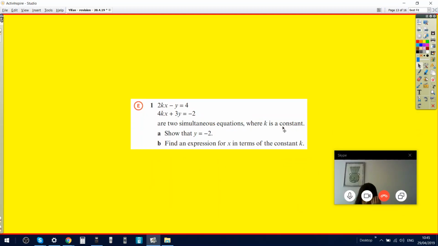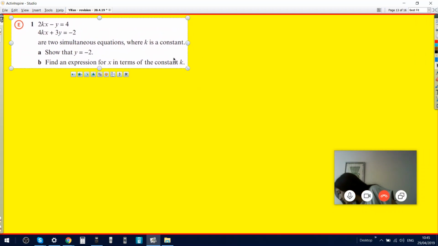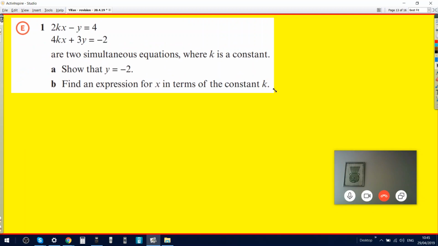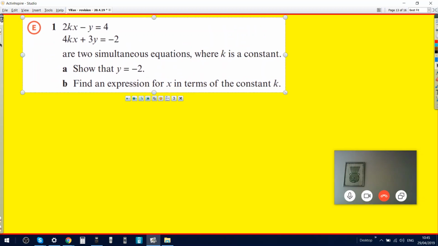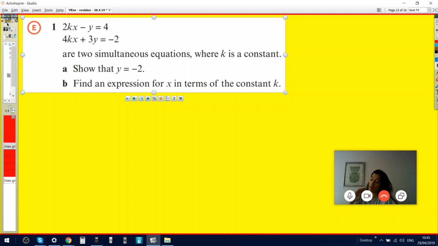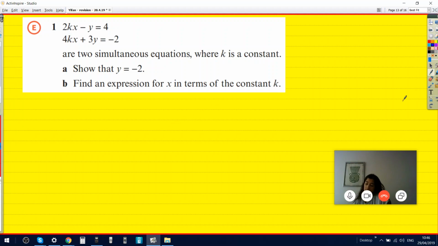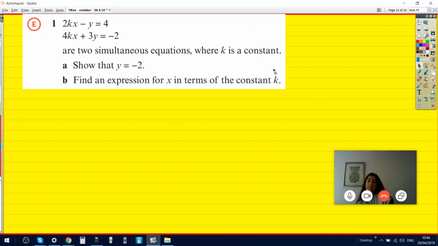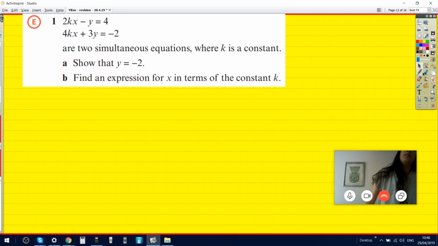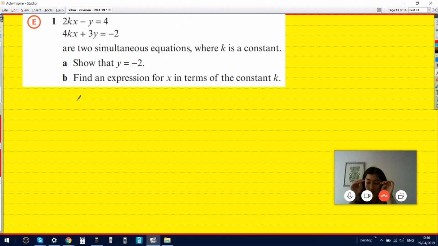Okay, next chapter. Simultaneous equations. 2kx minus y equals 4, and 4kx plus 3y equals minus 2.